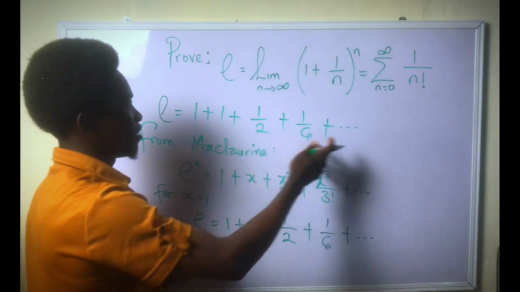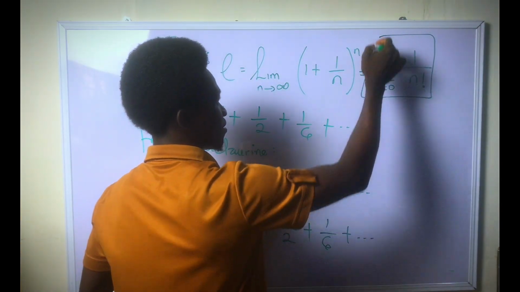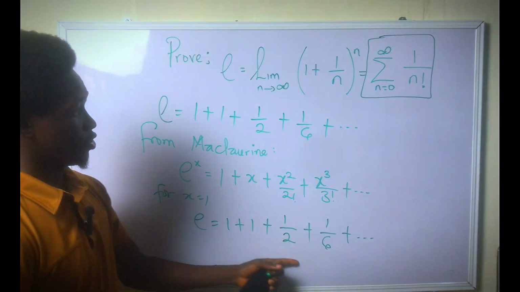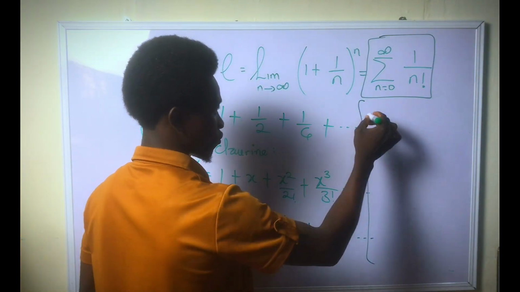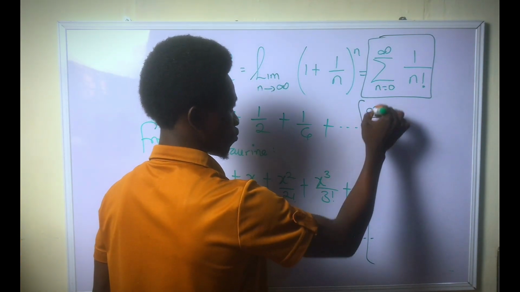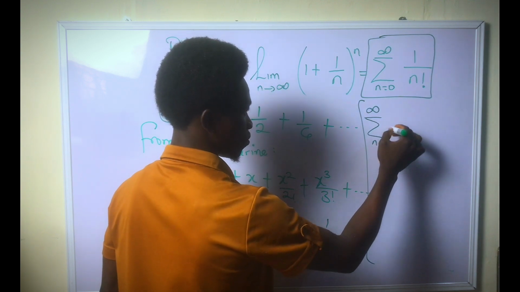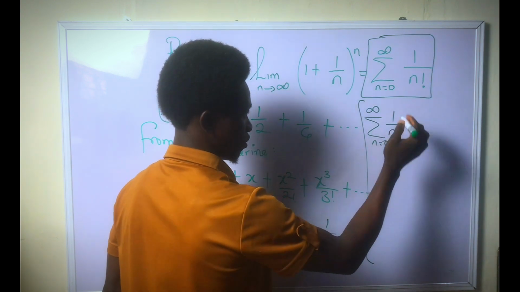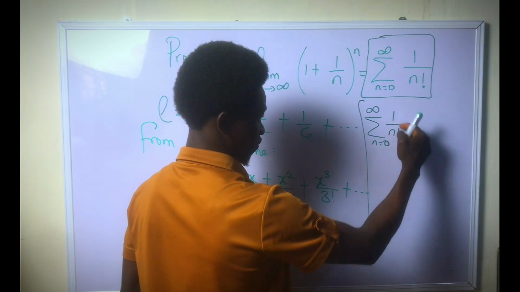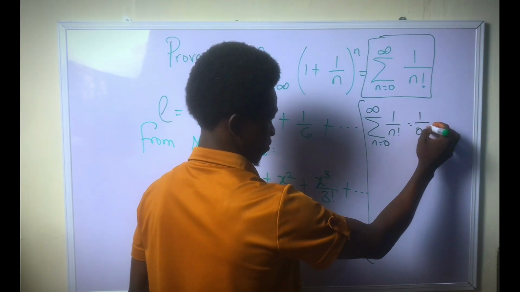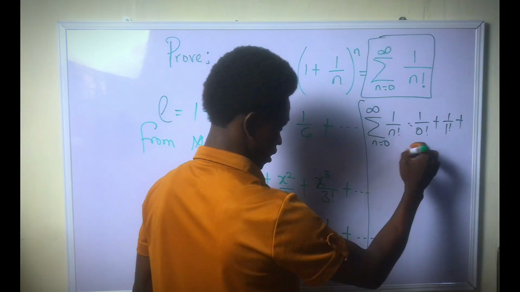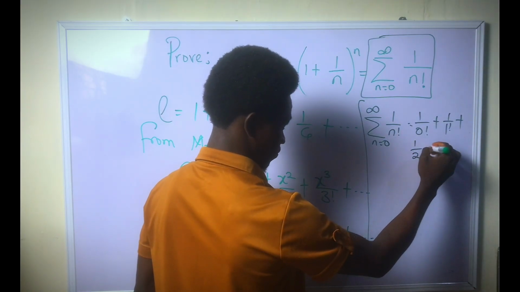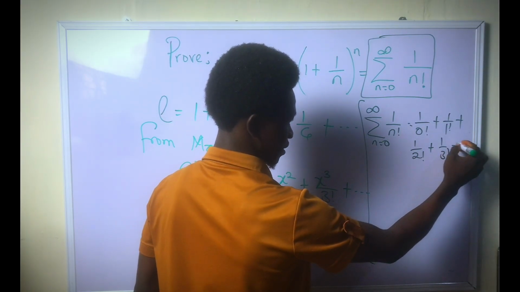Now, how does this correspond to this? And that's the answer here. So if I should take the summation of 1 over n factorial, when n starts from 0: when n is 0, that's 1 over 0 factorial. When n is 1, 1 over 1 factorial. When n is 2, 1 over 2 factorial. 1 over 3 factorial, like that.